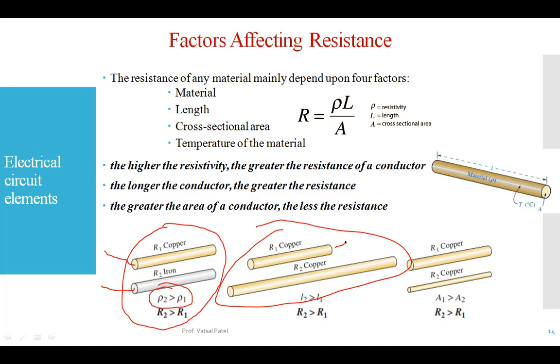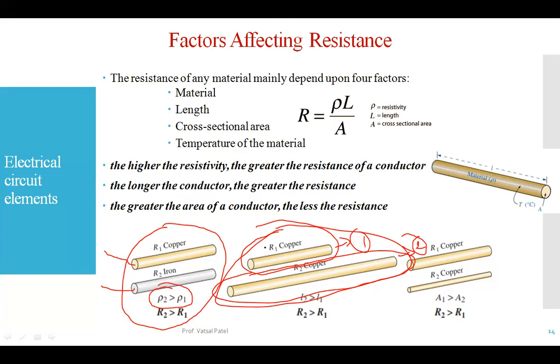If you see the first conductor and second conductor, the length of the conductor is smaller for R1, and the length of conductor 2 is higher than the length of the first copper conductor. Then we can say that the resistance of the second conductor is higher compared to the resistance of the first conductor. So this case is given on the basis of the length.